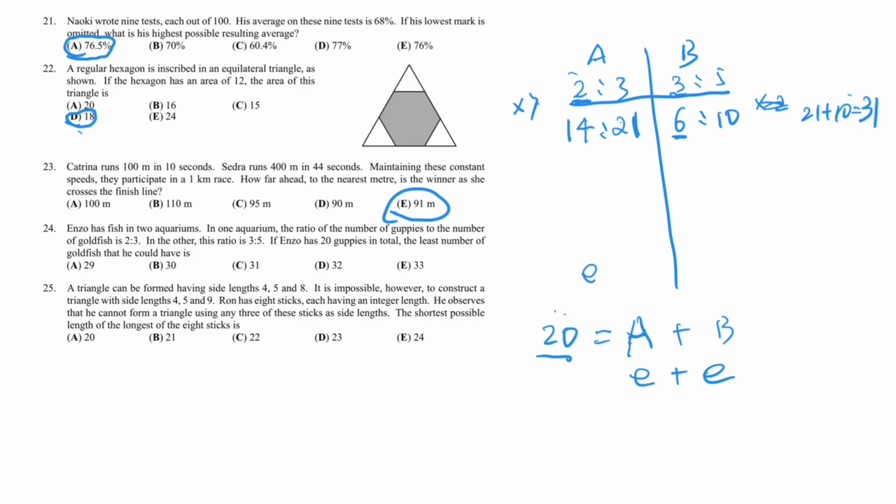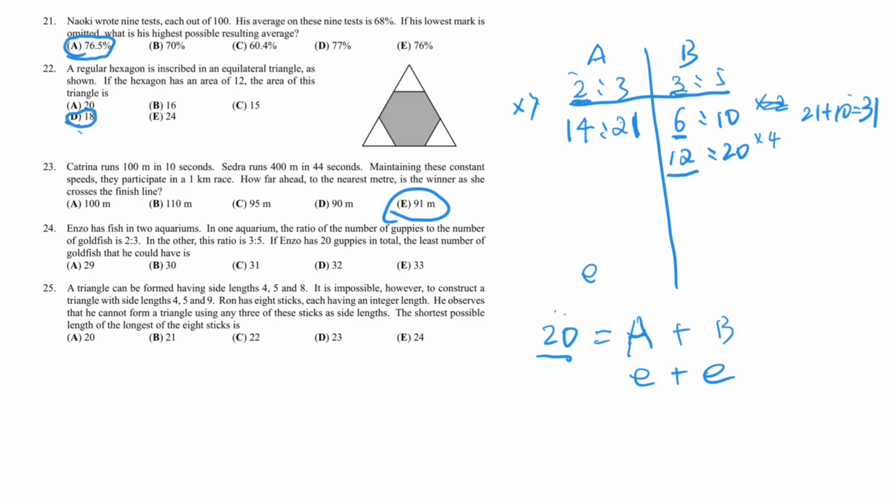And now we times 4. Because the 3 is odd, we must times an even number. 3 times 4 is 12. 5 times 4, that's 20. This is the B. Guppy is 12.